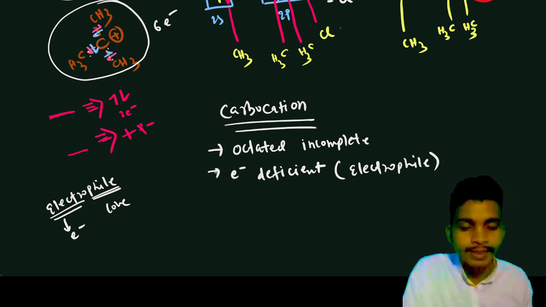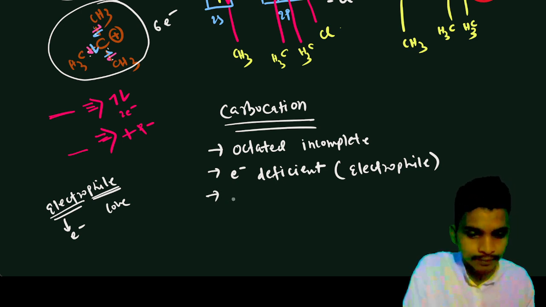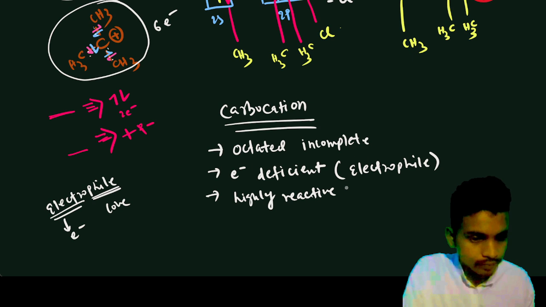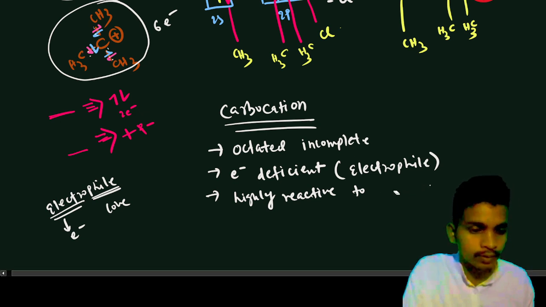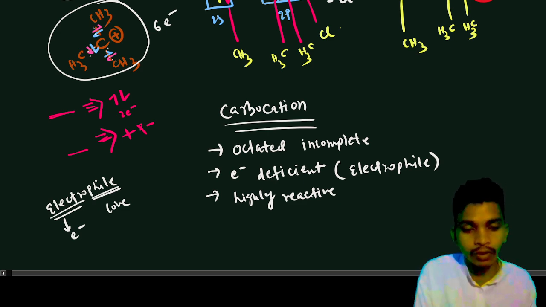Since it needs two more electrons to complete its octet, it is highly reactive. It is highly reactive to get the octet.